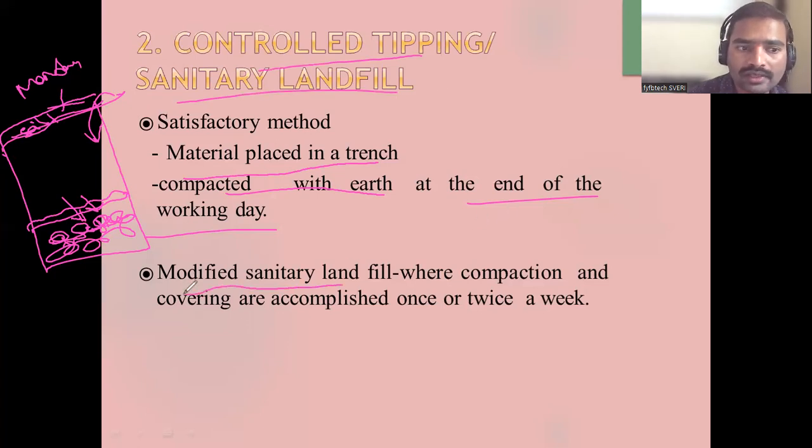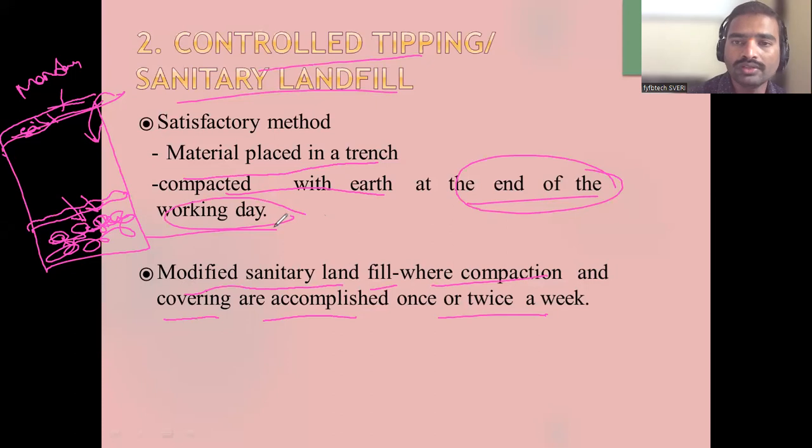The modified sanitary landfill is where compaction and covering are accomplished once or twice in a week. So initially they did it at the end of the working day. Now in the modified sanitary landfill, they do it once or twice in a week.